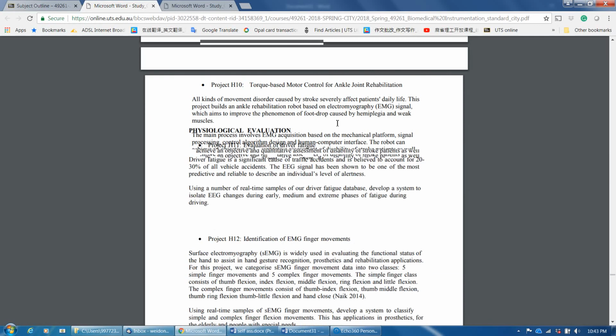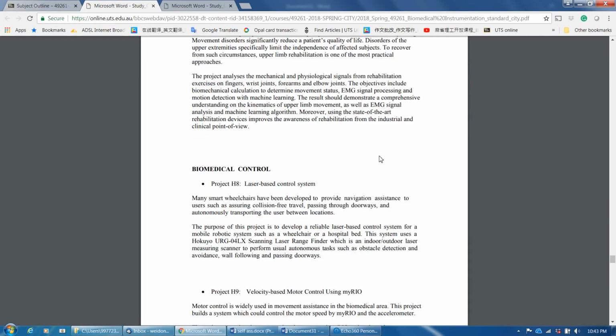So you can see this is the study guideline, and we have project information as well. This is the marking criteria, lots of useful information. We have several projects.